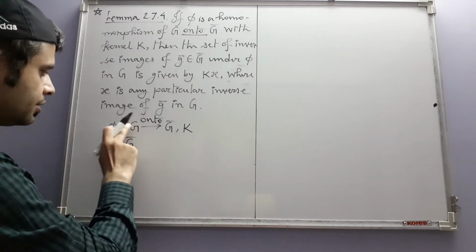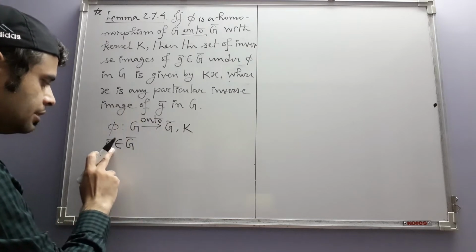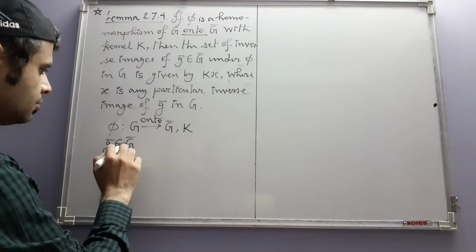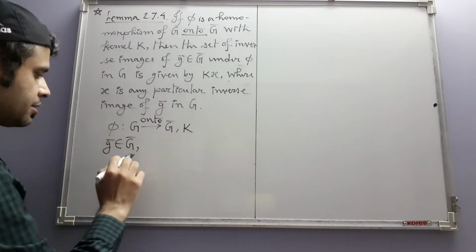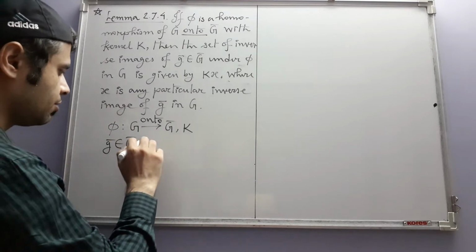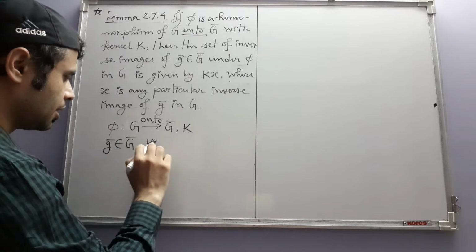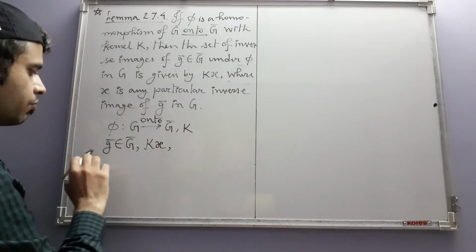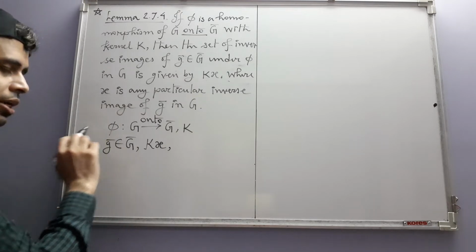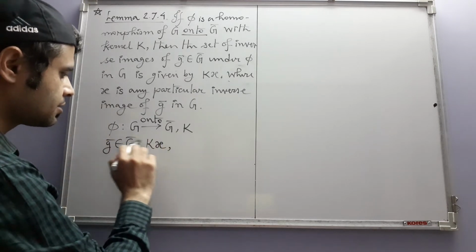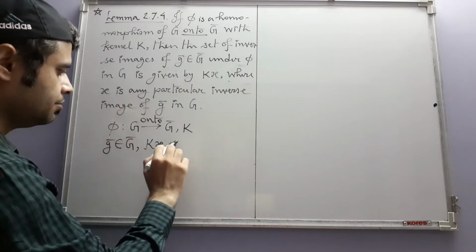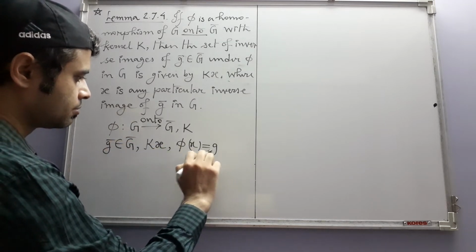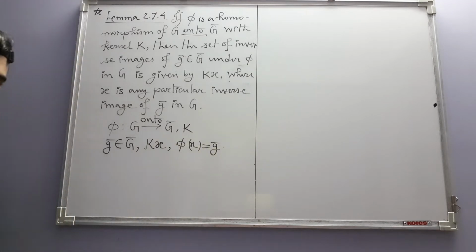Then since phi is onto, this G bar will have at least one inverse image. Now the lemma says that the set of all inverse images of G bar is the coset Kx, where x is some particular inverse image of G bar. That means x is some element in G whose phi image is equal to G bar.